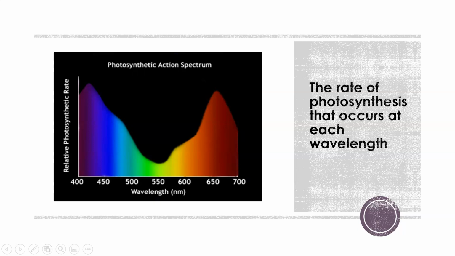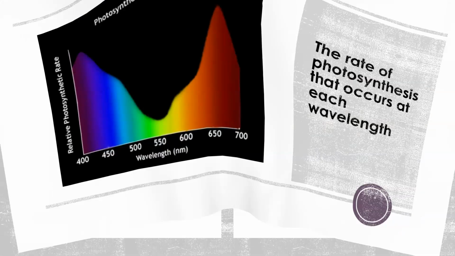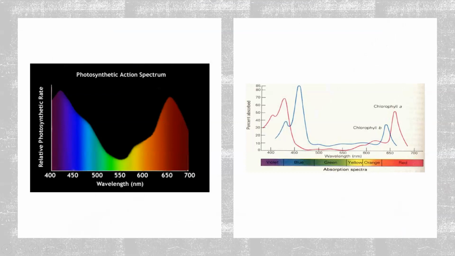So the photosynthetic rate against the wavelength gives us that action spectrum. We have the highest photosynthetic rates in the violet blues and the orange reds. Just seeing those two compared together there.